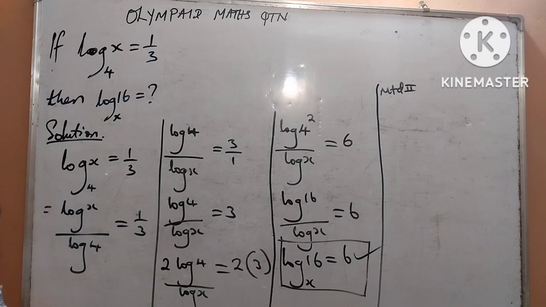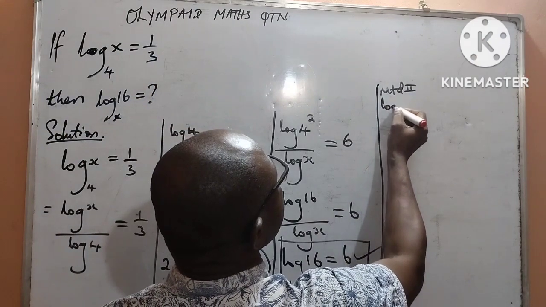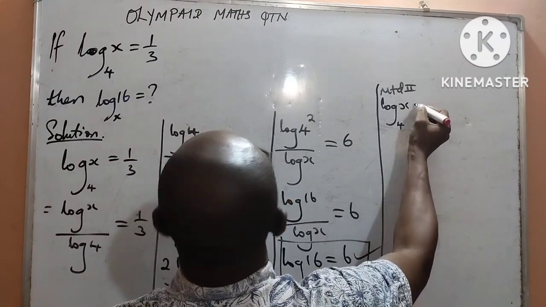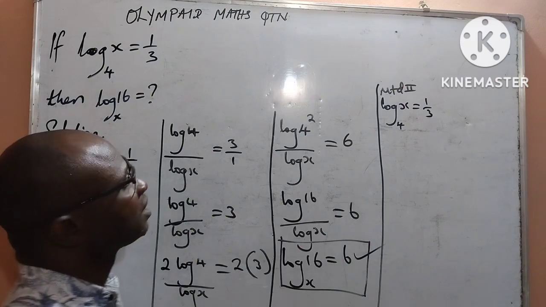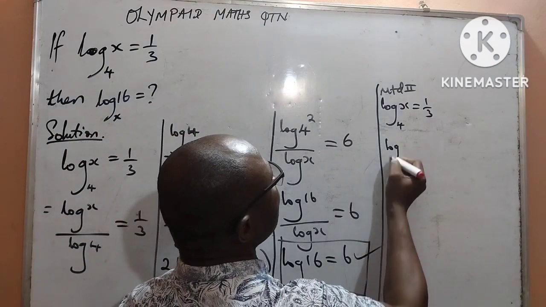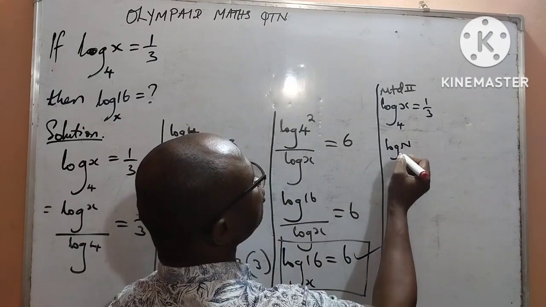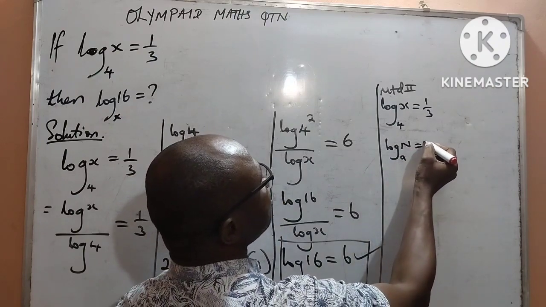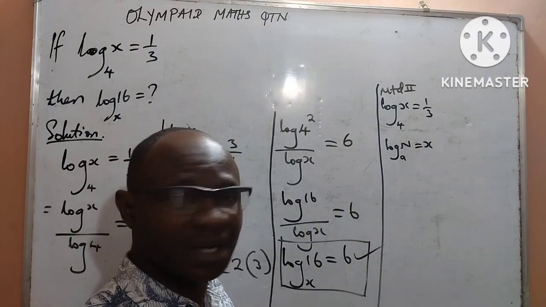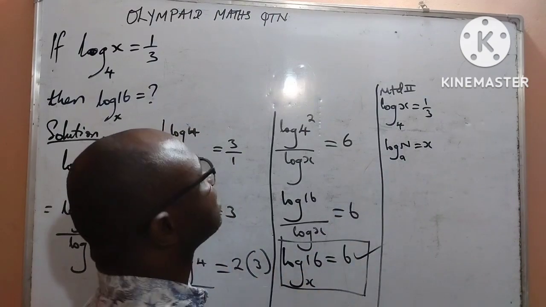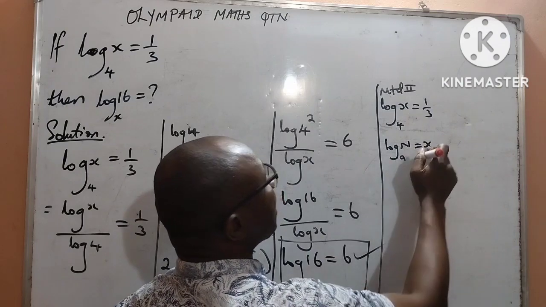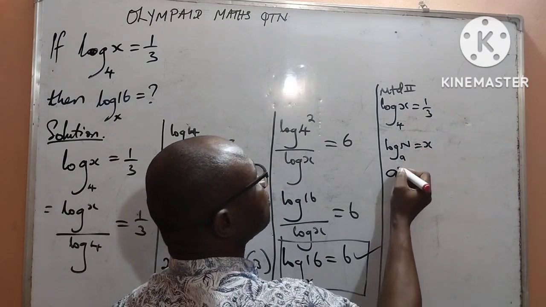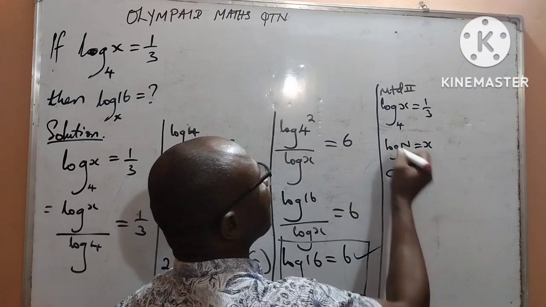Beautiful. I am given that log of x base 4 is equal to 1 over 3. By definition of the logarithm, the log of a number n to base a is equal to x, unknown. So by this definition, a to the power x is equal to n.